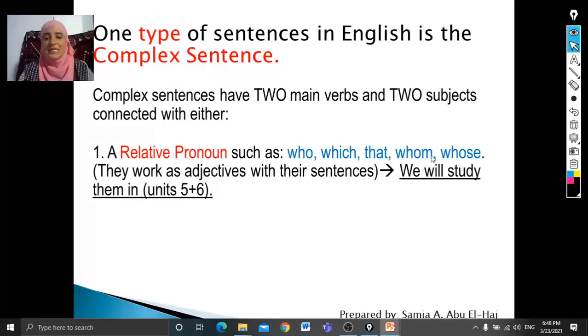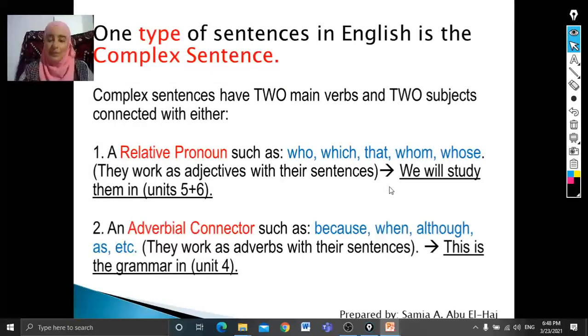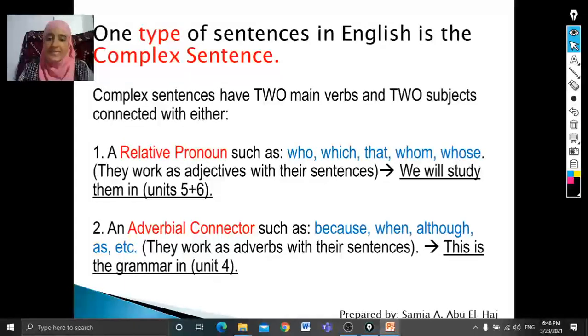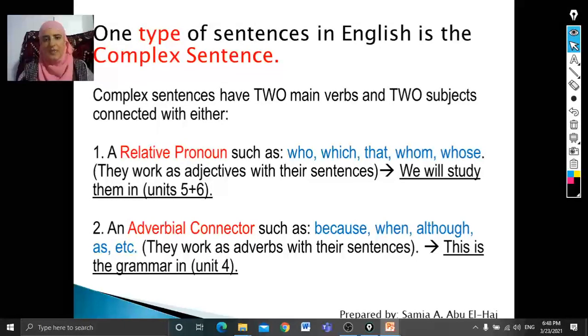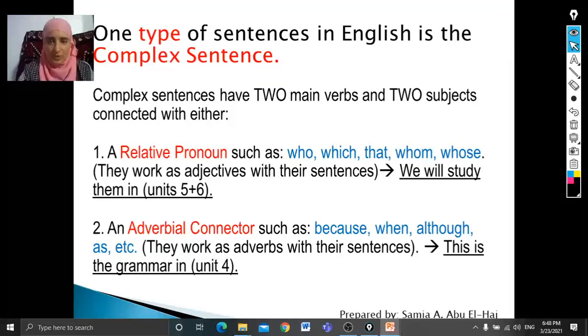And we will study those in Units 5 and 6. And then we have the adverbial connectors, which we will study in this unit, and they are a very big group. They have many different connecting words: because, when, while, after, since, before. Okay, so all of those are considered adverbial connectors.